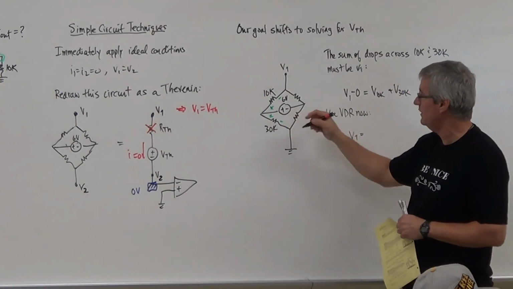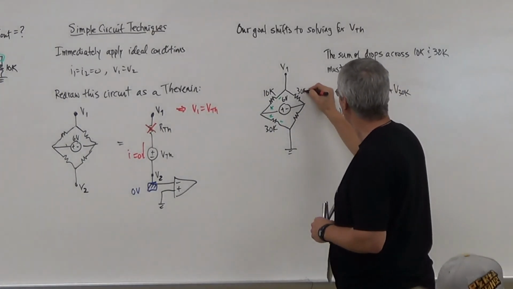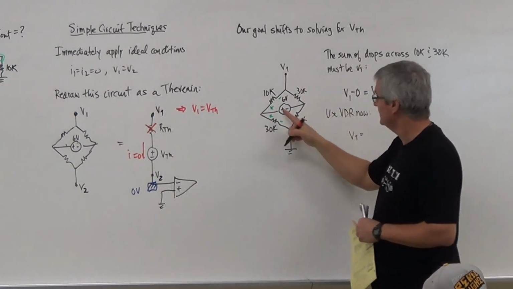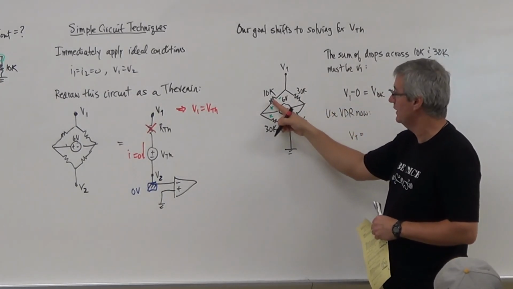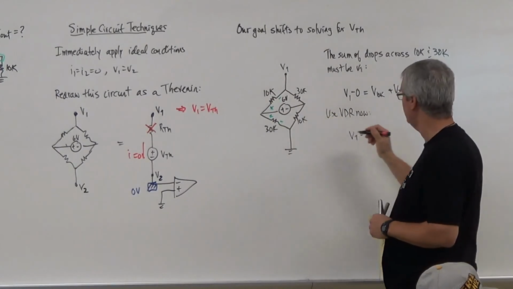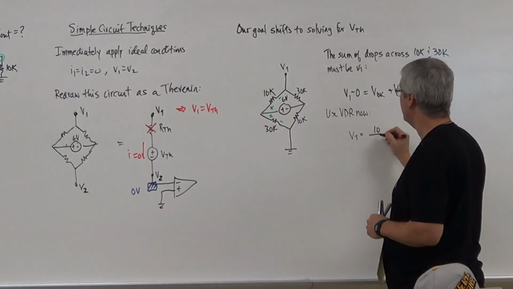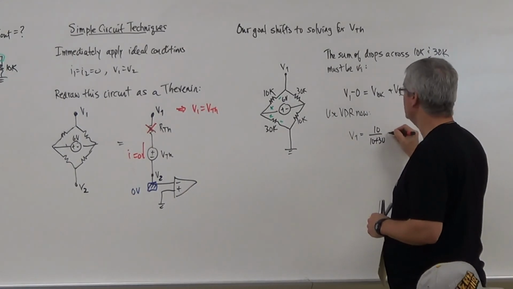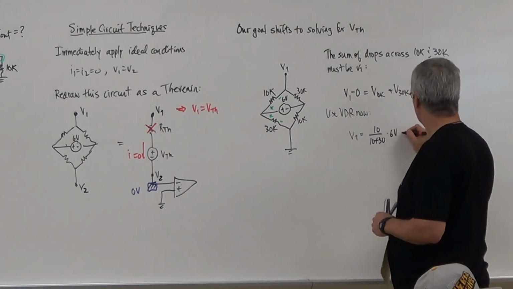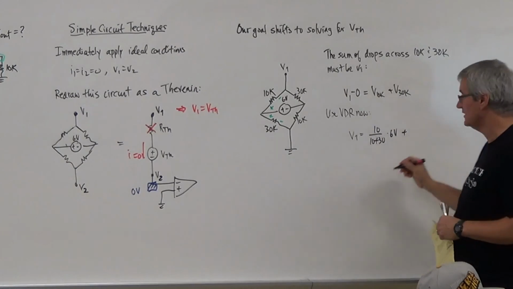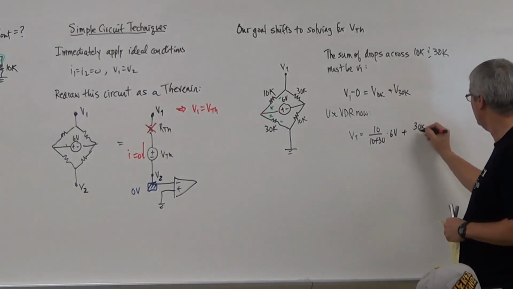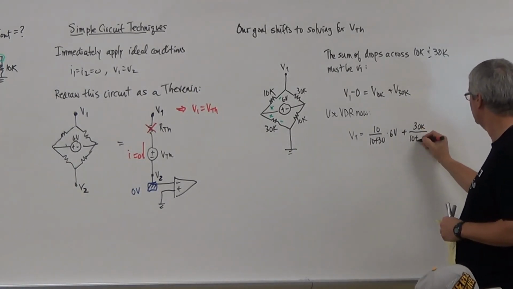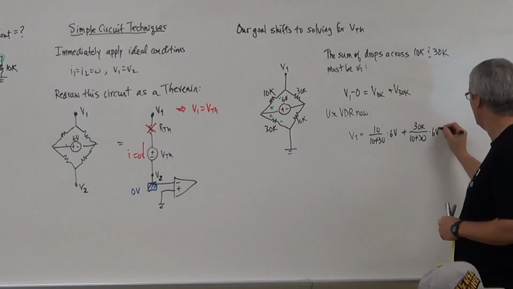If I focus on the 10, this is a 30K, and this is a 10K. So that drop here has to be what? 10 divided by the sum, so it's got to be 10 divided by the sum times 6 volts. And then if I look at the 30, it's got to be 30K divided by 10 plus 30 times 6 volts.